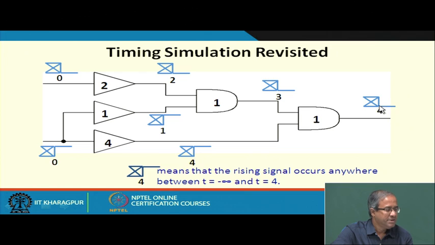Here you can easily see the simulation will tell you that only after 4 it is getting stabilized, unlike the earlier case where you are saying that in the output you are getting a constant 0. So, if you are using x value simulation, you can get some accuracy in this calculation.